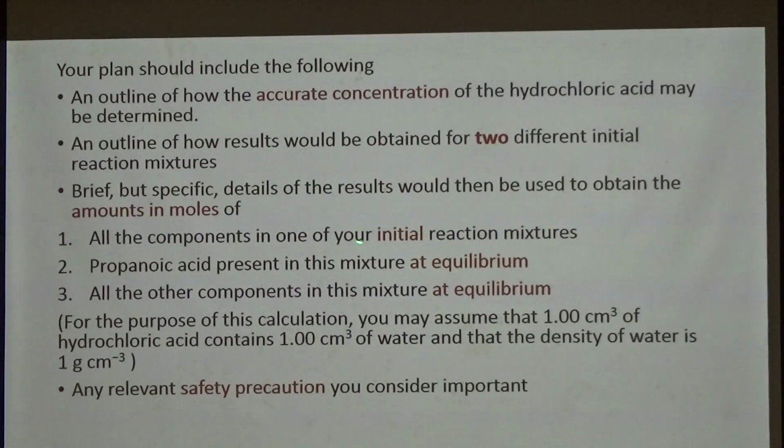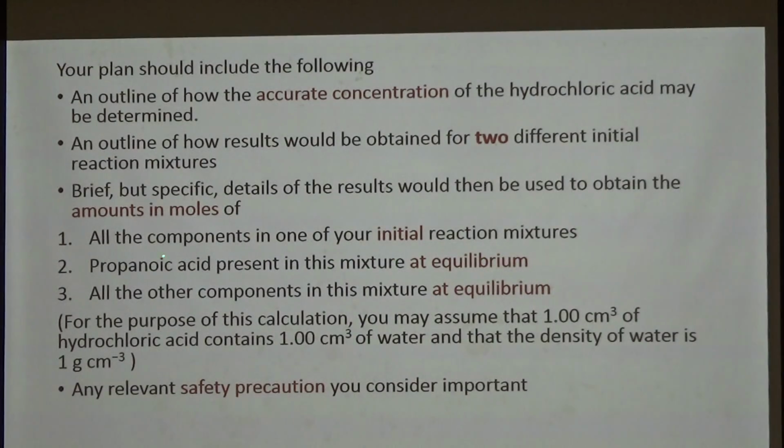So this is at the start. What are the amounts of your acid, alcohol, ester plus water? At equilibrium, what is the amount of propanoic acid present, and all the other components present at equilibrium?